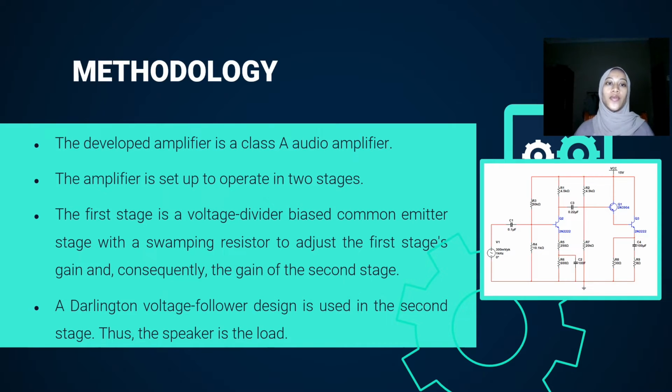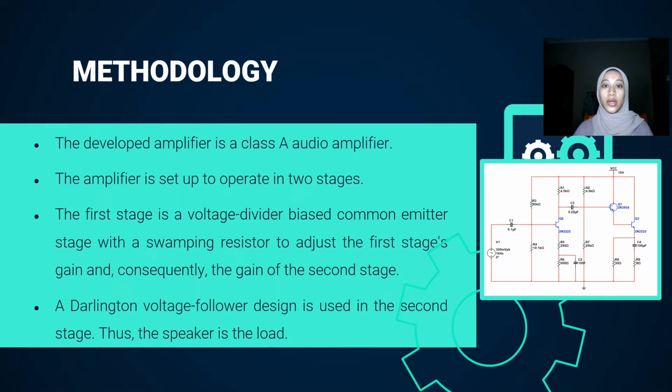The reason for two stages is that if only one stage was utilized, there would be a lot more attenuation rather than gain. A gain of less than 1 is known as attenuation, which is the exact opposite of amplification.